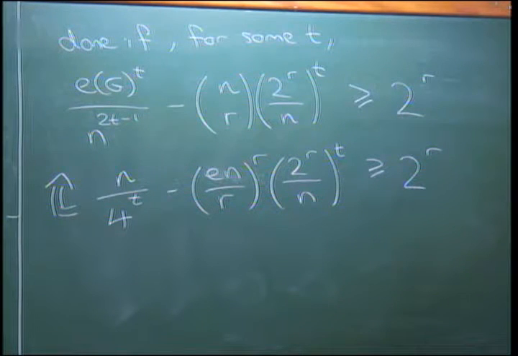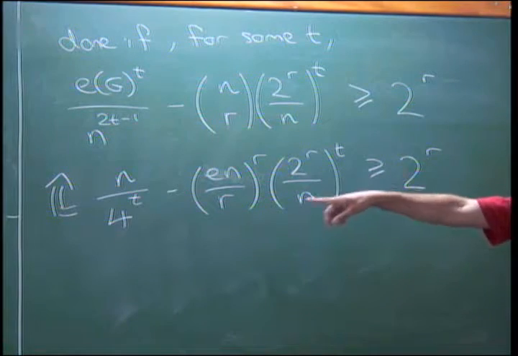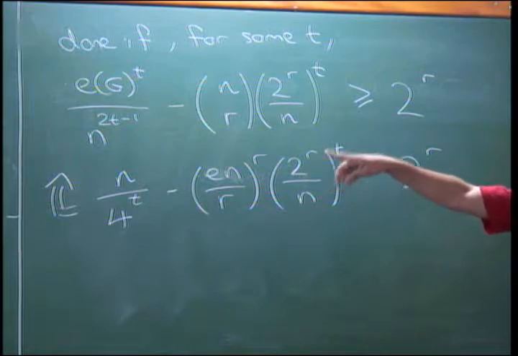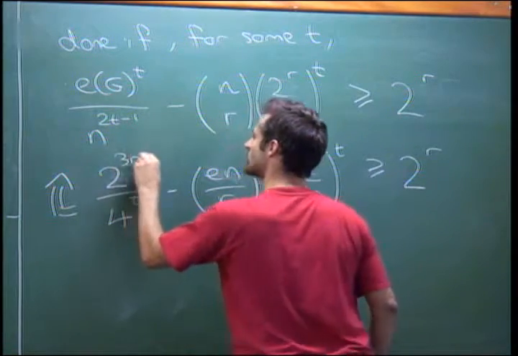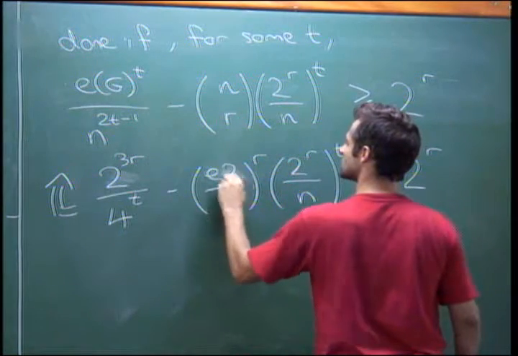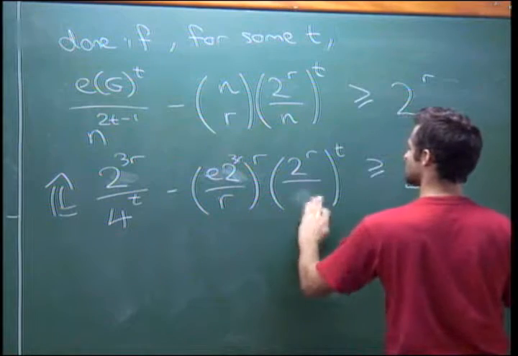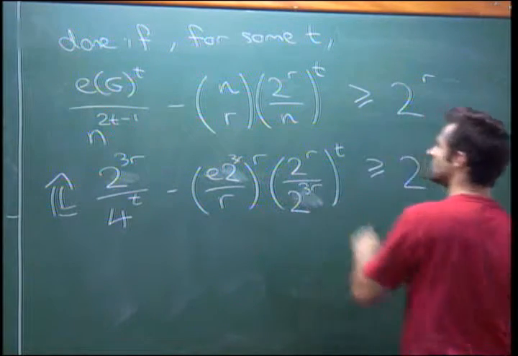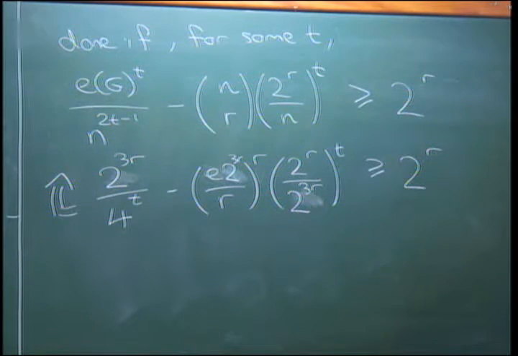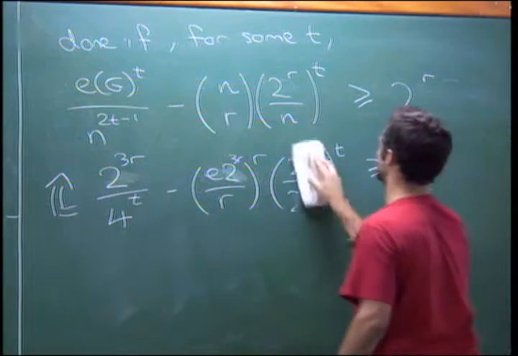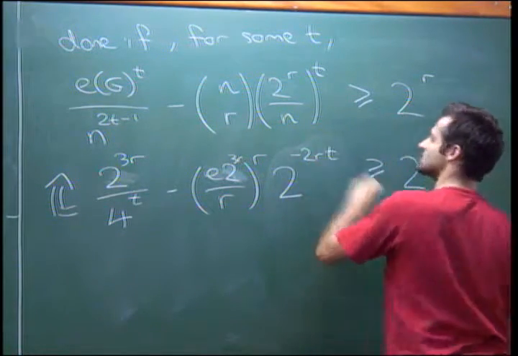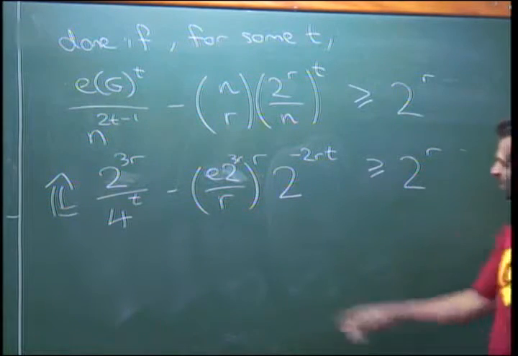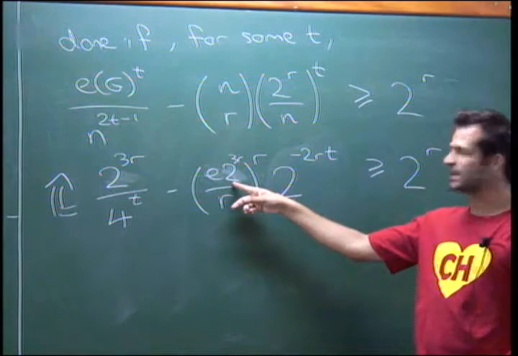What would you like to take t equal to? And what's n? n is 2 to the 3r. So 2 to the 3r, 2 to the 3r, 2 to the minus 2rt. And this thing is basically 2 to the 3r squared.